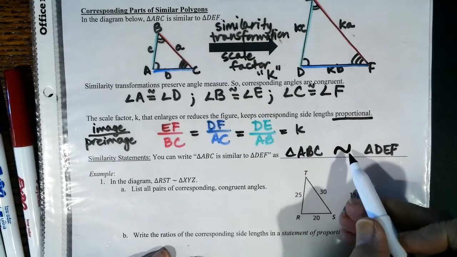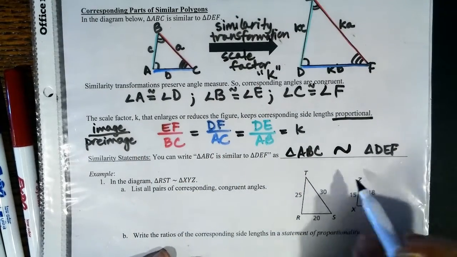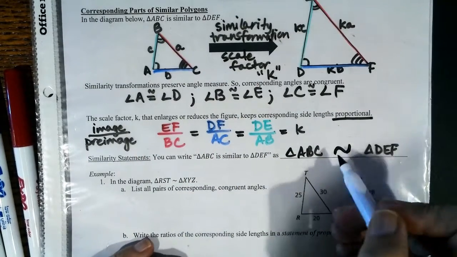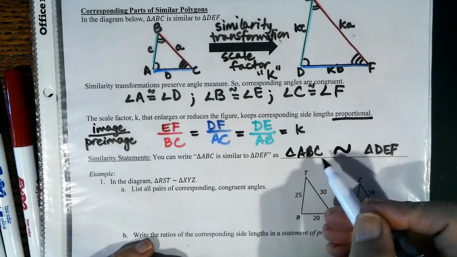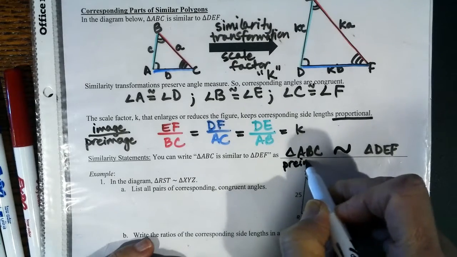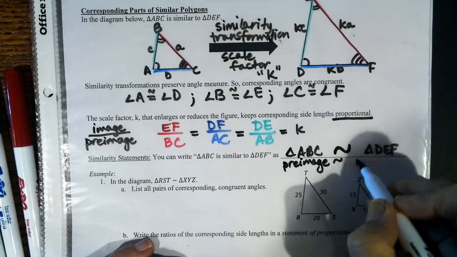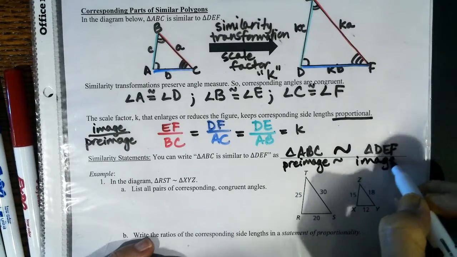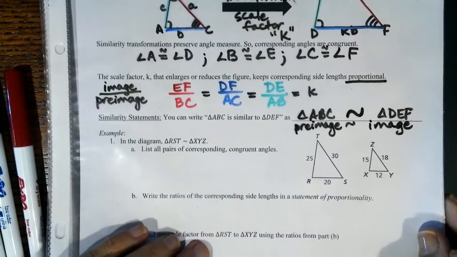Because congruent, remember, means same size and shape. Similar only means same shape. So you've got the part of it. Equal means same size. Similar means same shape. You put them together, you get congruence. So just add this: your pre-image is similar to your image. Pause here just a second. Any questions?